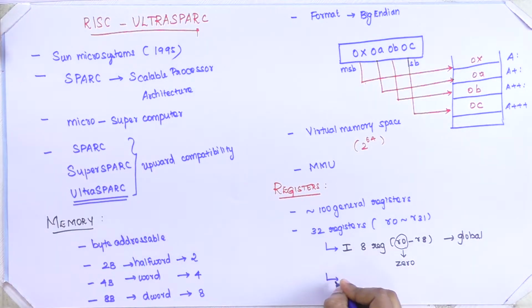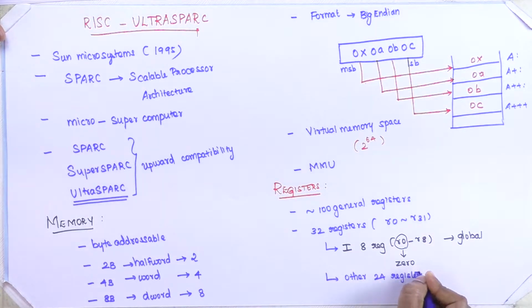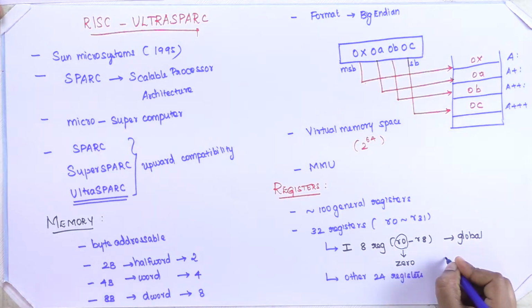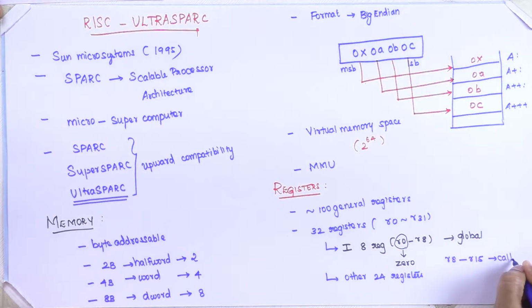The other 24 registers can be visualized as a window through which part of the register file can be seen. For example, if R8 to R15 are used by the calling procedure, then R24 to R31 will be used for the called procedure.